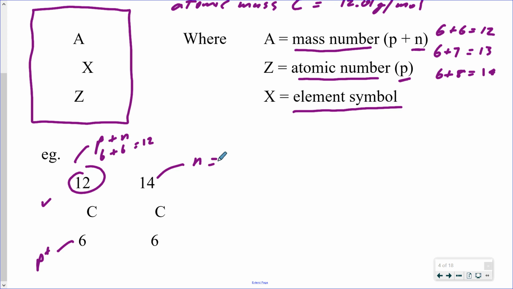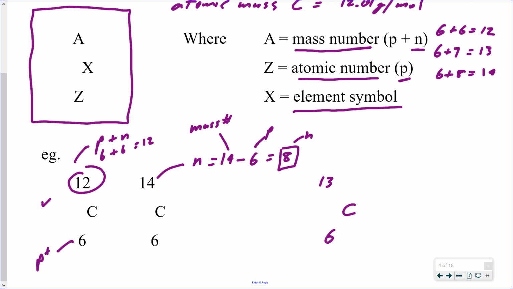The neutrons will equal 14 minus the number of protons, which is equal to 8. This is the neutrons, this is the protons, and this one here is the mass number. Quickly, the other version can be carbon with 6 for the atomic number and 13 for the mass number. These are the 3 different isotopes of carbon.